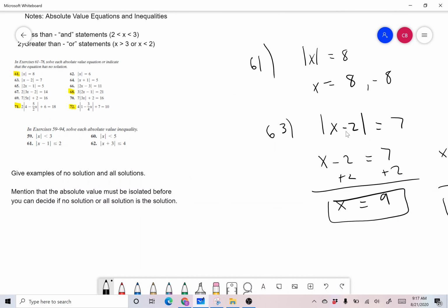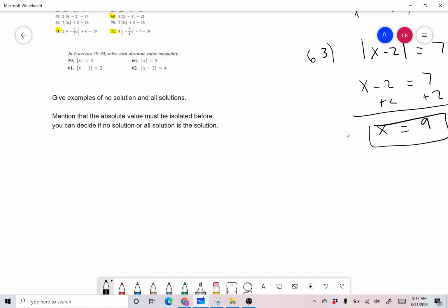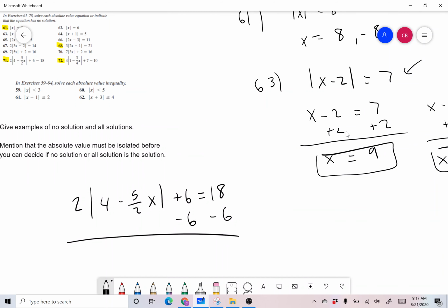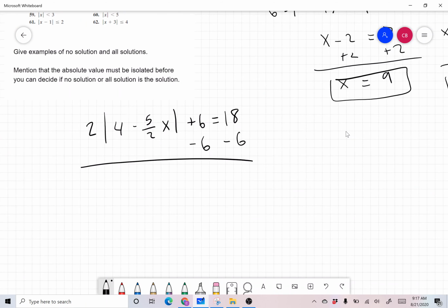The next one, I have 2 times the absolute value of 4 minus 5 over 2 x, plus 6 is equal to 18. So I can solve this by doing an equation. Minus 6, minus 6. You want to isolate the absolute value before you do this step up here. Notice in the previous one, the absolute value was by itself, so I didn't need to isolate it. In this case, I do.